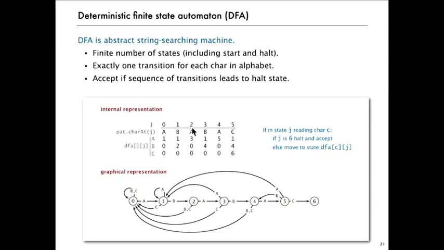If we're in state 2 and we read the pattern character A, we move to state 3. If we see a B or a C, we go back to state 0. That's what this machine says. This is a tabular representation and a graphical representation. If we get to state 6, then we just say accept. We found the pattern. And you can see how that is. If we match pattern characters, we move right through this machine until we get to the halt state.